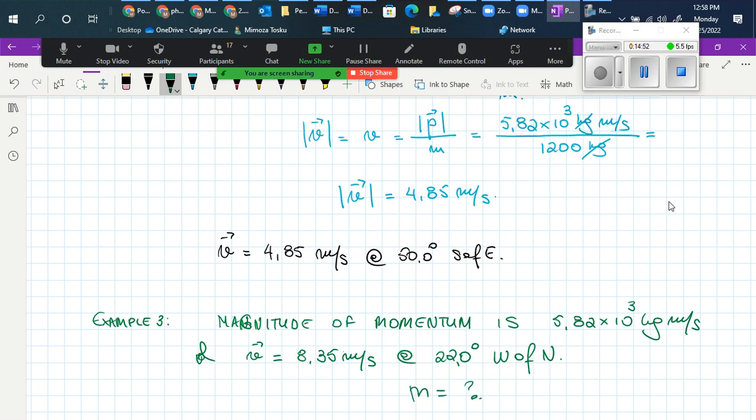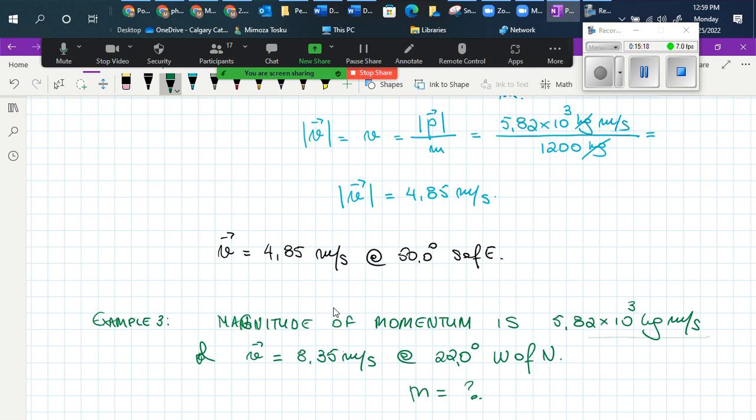So you notice here that just to make it easier for us, we are not stating the direction of the momentum, and you may see questions where the direction of velocity is not stated, just for the simple fact that the direction of the velocity and the direction of momentum are the same. So when you are stating one, you know the other one.